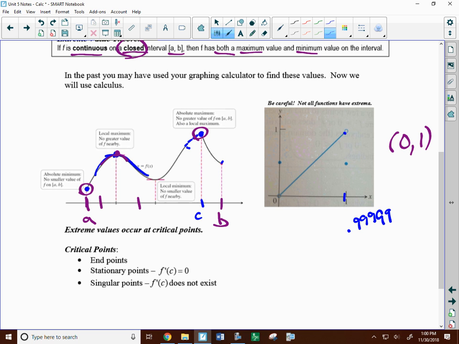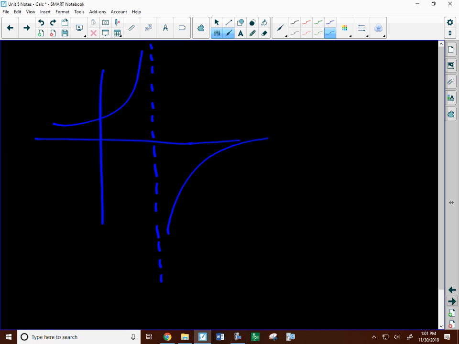You might say, what about this one? Why does it have to be continuous? The simple answer is an asymptote. So let's say I had a function like this, and there was an asymptote here. Okay, it went kind of like that.